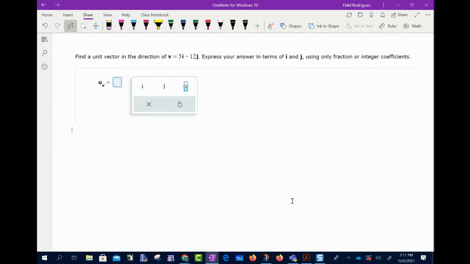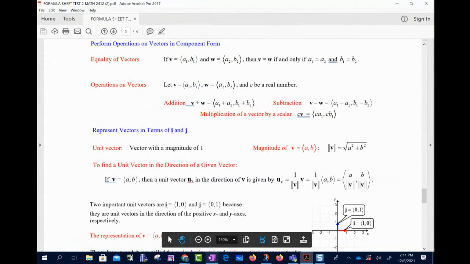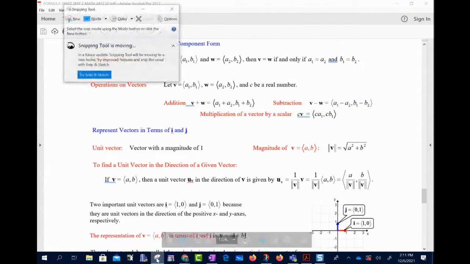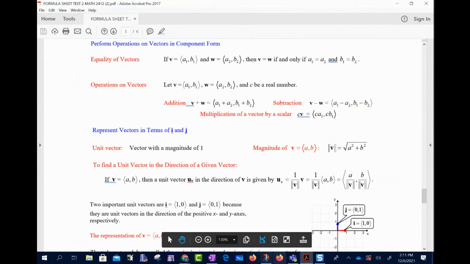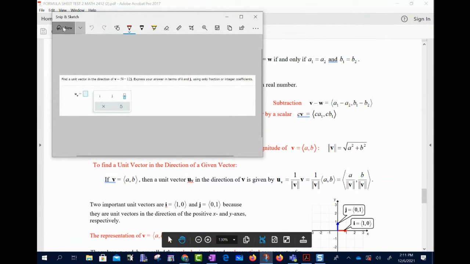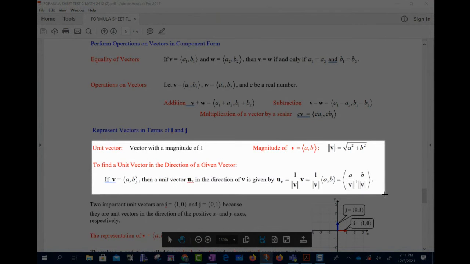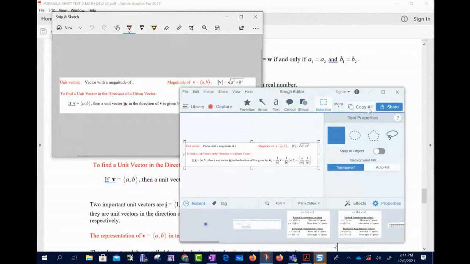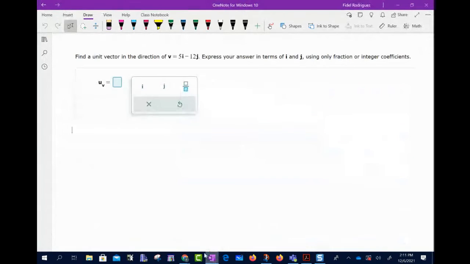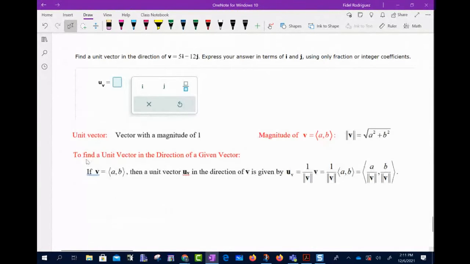Express your answer in terms of i and j using only fraction or integer coefficients. Okay, so guys, I'm going to copy and paste this from my formula sheet as well. Copy it, come back over here, paste it right here.